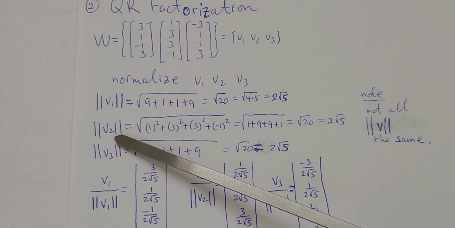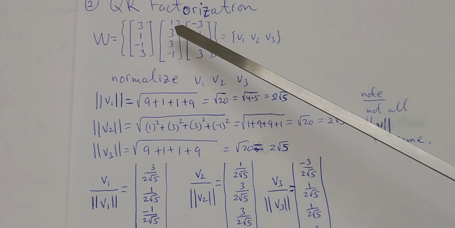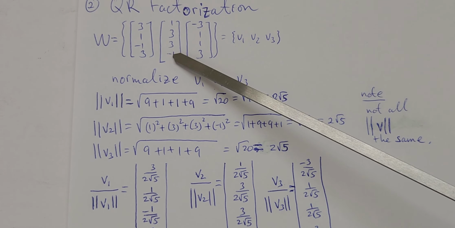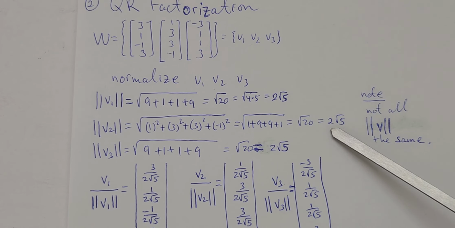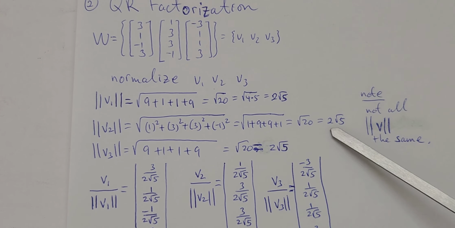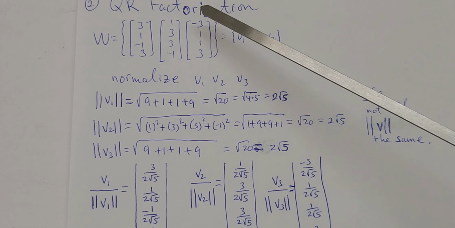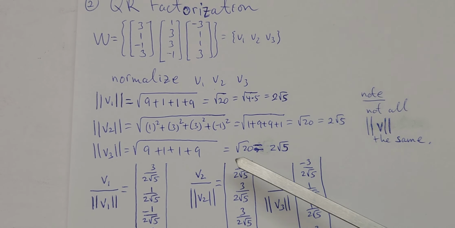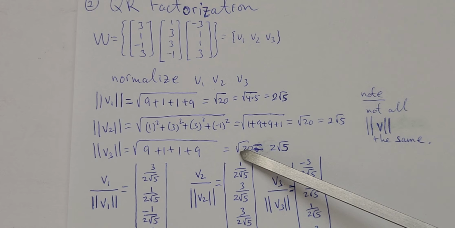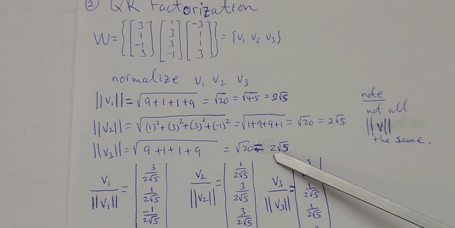Again, magnitude means distance. Square each of these numbers, add them all up, square root, simplify: 2 square root 5. Repeat that again for V3. Square each number in V3, add them all up, square root, and then simplify.